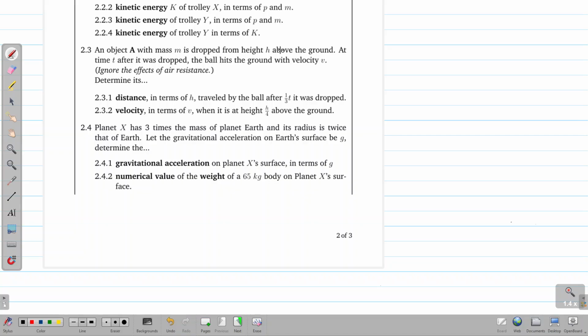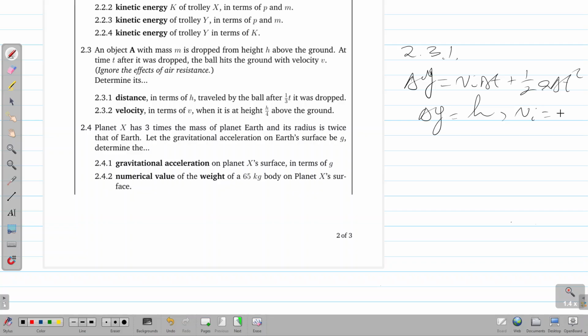So for 2.3.1, we must first establish the relationship that relates distance and time, the kinematic equation. We must ignore the effects of air resistance. The kinematic equation here is v initial t plus half acceleration t squared, and our displacement, the distance, is h.